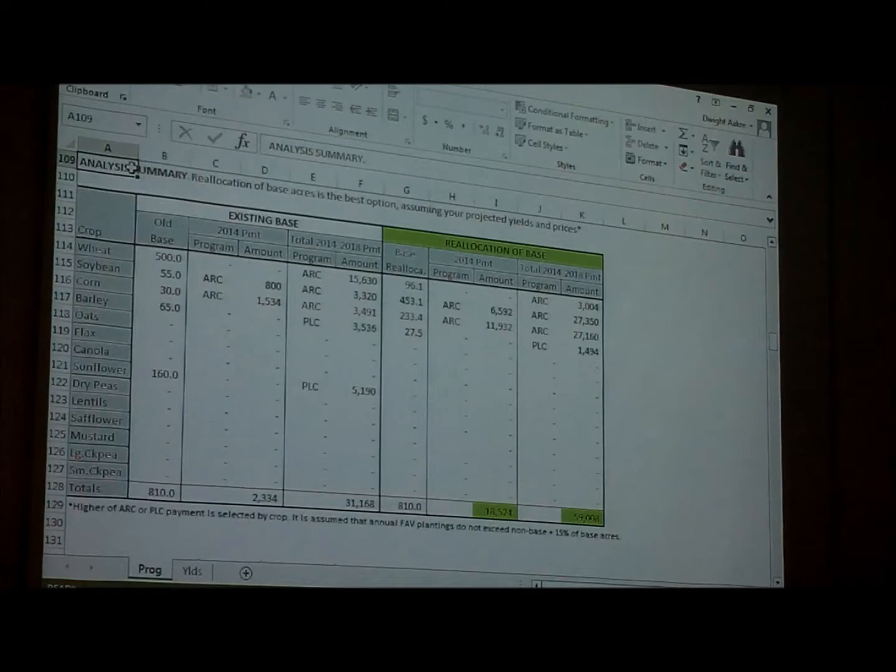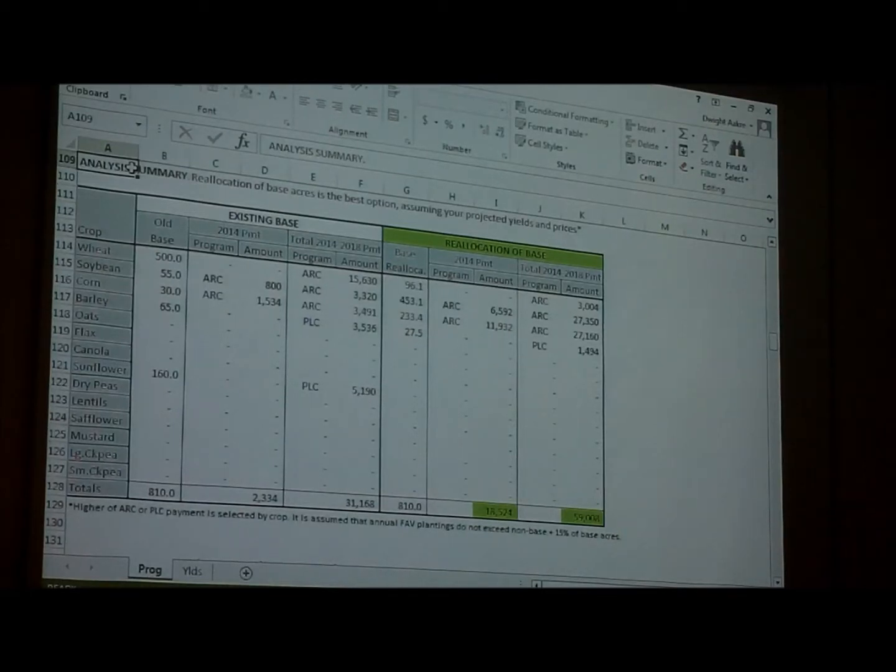In this one, he's also calculated the first year payments under either scenario and the 5-year total under either scenario. If we stayed with existing base, the first year, 14, we'd get about $2,300 off of this 1,000-acre farm. If we went with reallocation, $18,000.